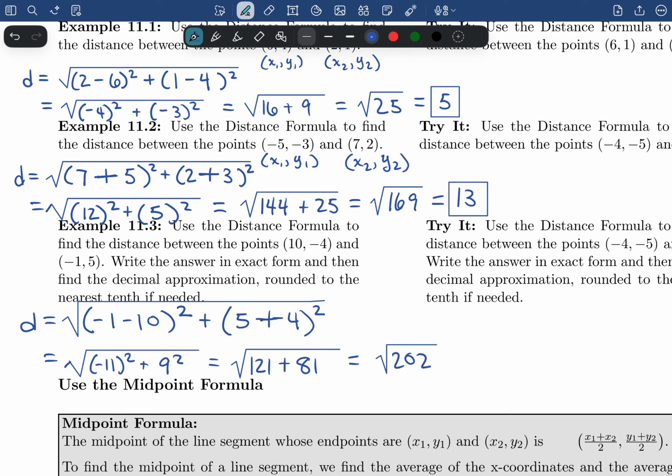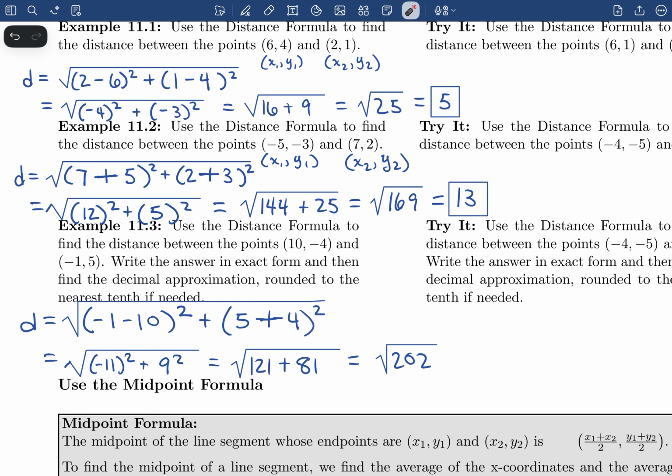Now, this is the exact answer. The square root of 202 gives me that exact value. But we're asked, after finding the answer in exact form, to find the decimal approximation rounded to the nearest tenth. The nearest tenth is 1 decimal place.